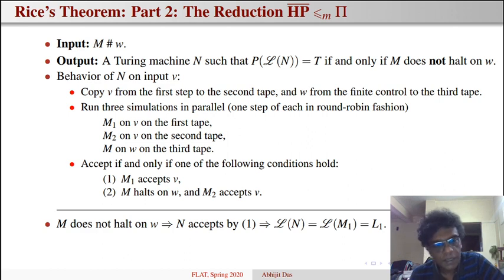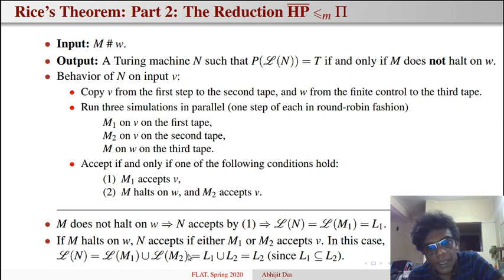In other words, if M halts on W, N accepts if and only if either M1 accepts V or M2 accepts V. So in this case, the language of N will be precisely the union of the language of M1 and the language of M2. This is L1 union L2, and since L1 is contained in L2, this union is nothing but L2.